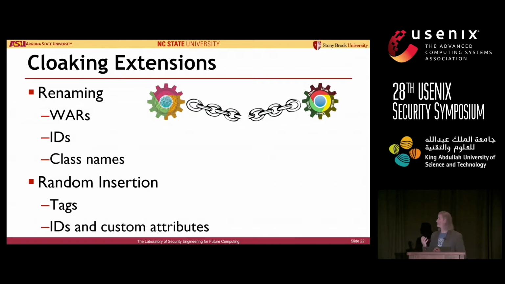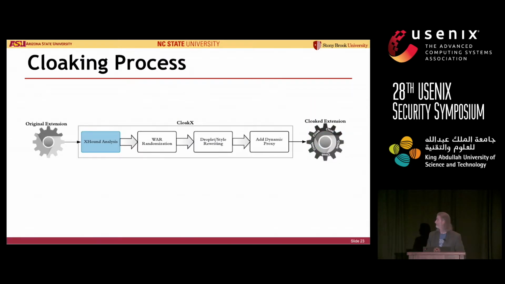And then we would go through and find all of the references to these WARs, IDs, and class names and rename those within the extension itself. On top of that, we used random insertions to prevaricate and to confuse an underlying web page so that it would be harder to determine which extensions were installed.